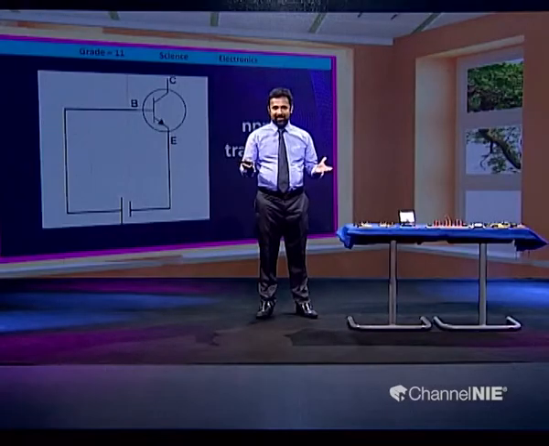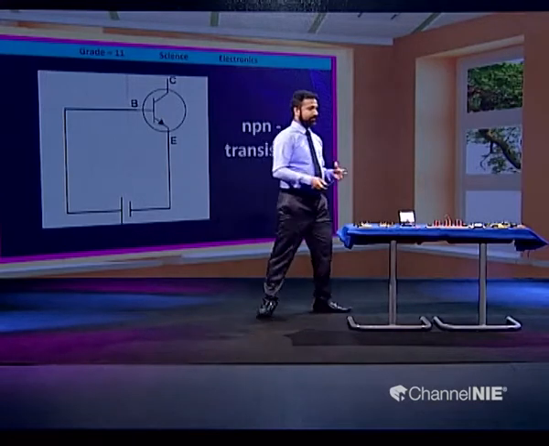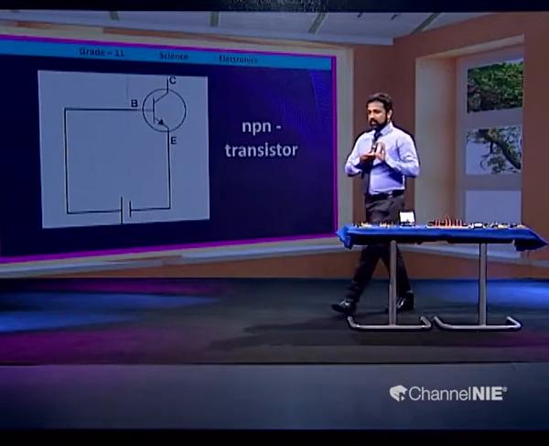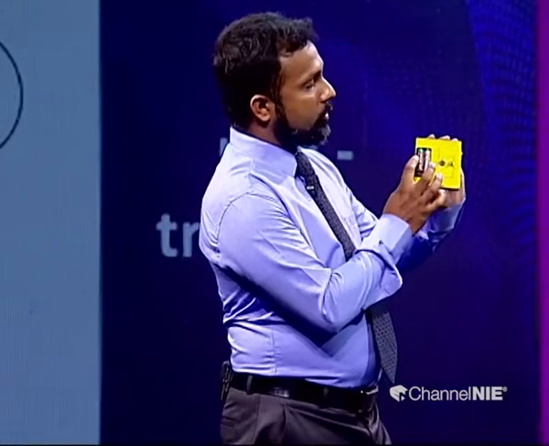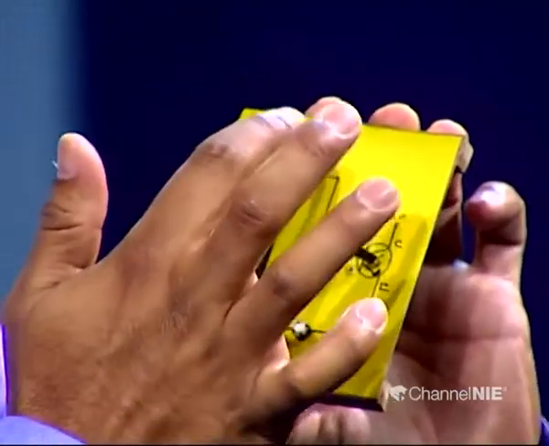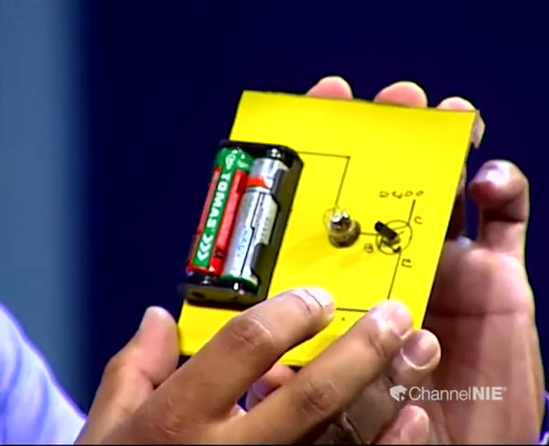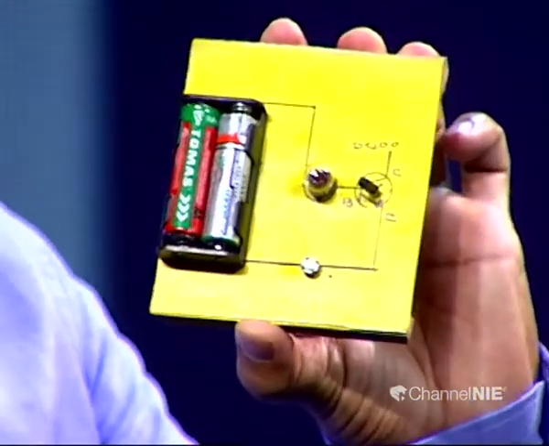Now I am going to show you the input circuit of the NPN transistor. Two dry cells are there, connected to the bulb and the transistor. I have given a switch also. You can see the structure of the input circuit in the slide.